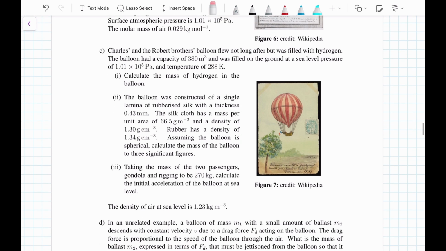Then it gave us the capacity of the balloon, which is 380 cubic meters, and was filled on the ground at a sea level pressure of 1.01 times 10 to the 5 pascals and temperature of 288 kelvins. And the first part wants us to calculate the mass of hydrogen in the balloon.